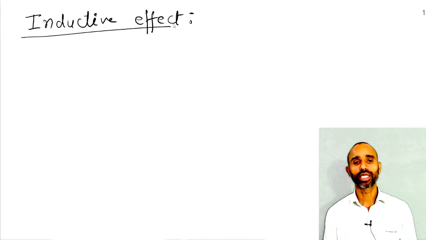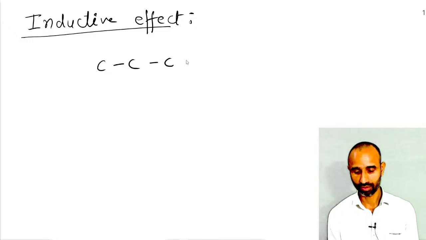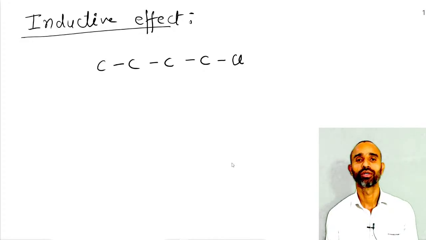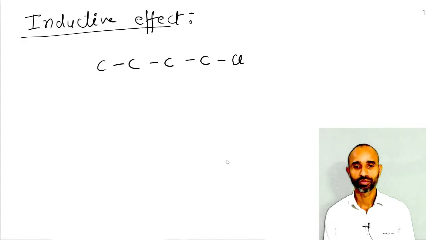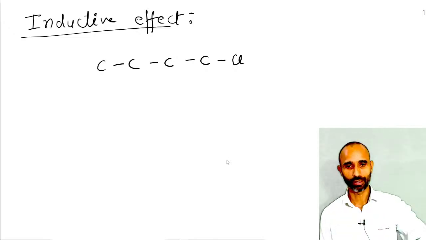So inductive effect is when we have a carbon-carbon chain, and at the end of the chain a group is attached, like chlorine, which is any group that is either electron withdrawing or donating.